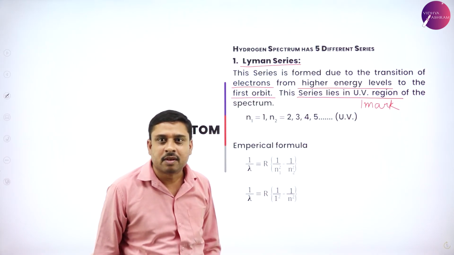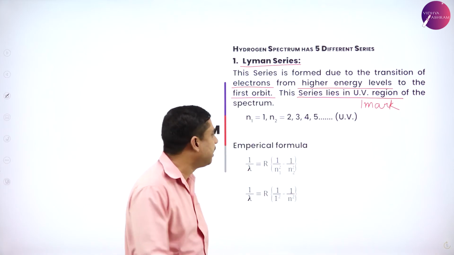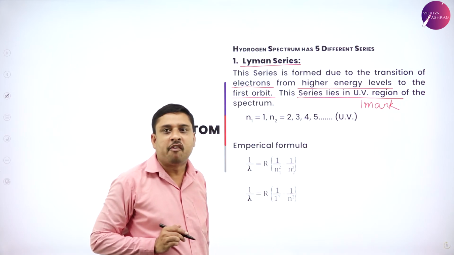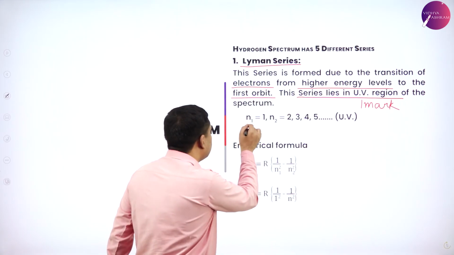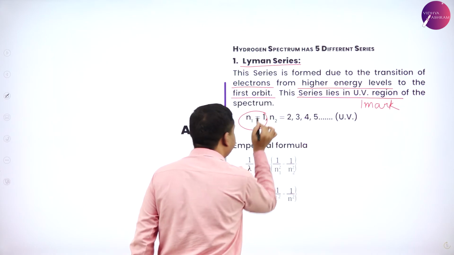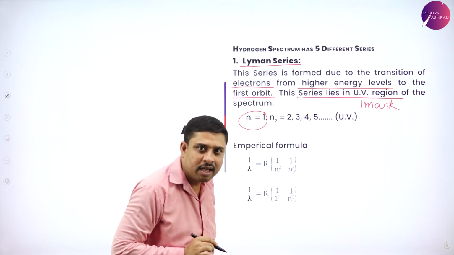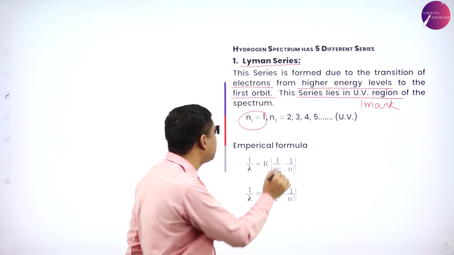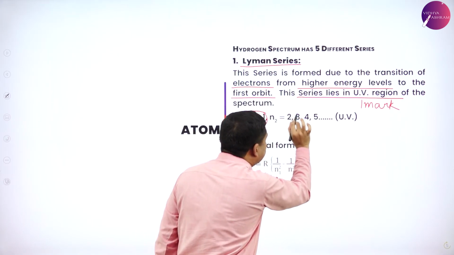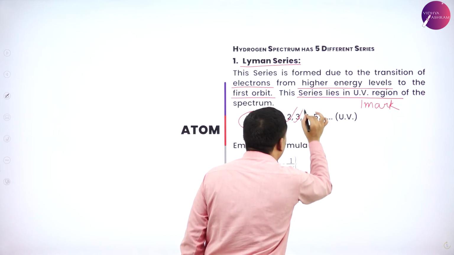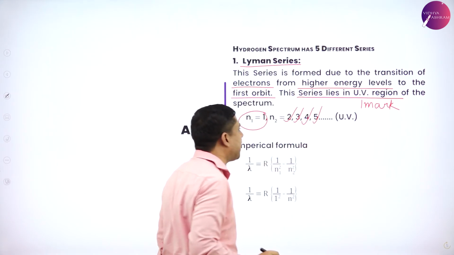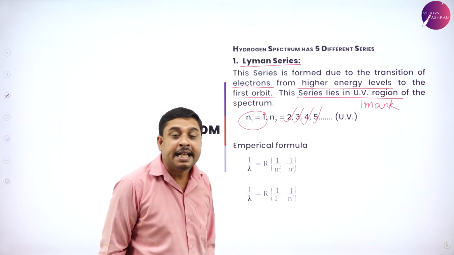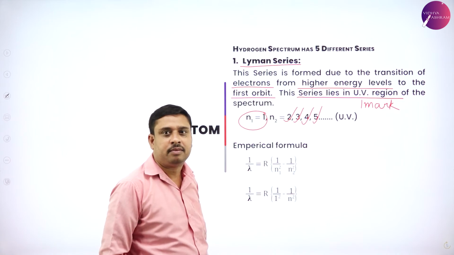Now this is important. For any given series, the value of N1 is fixed. So for the Lyman series, N1 is 1 because the transition is happening to the first energy orbit. So N2 will be the next higher orbits 2, 3, 4, 5, etc. And we are also asked to write the empirical formula.